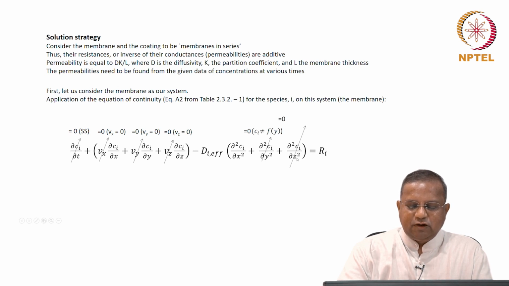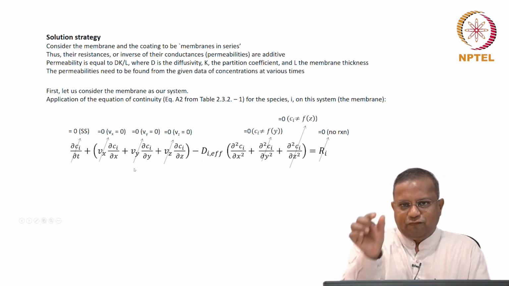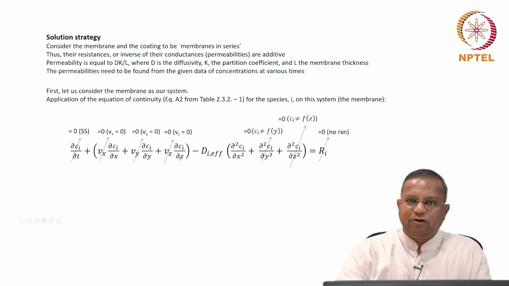The concentration does not depend on z, the first derivative is 0, and therefore, the second derivative is 0, and of course, there is no reaction that is happening. So, this is the equation that we get for the balance of the species I on the membrane. This is a big blessing, right? We do not have the partial differential equation anymore.